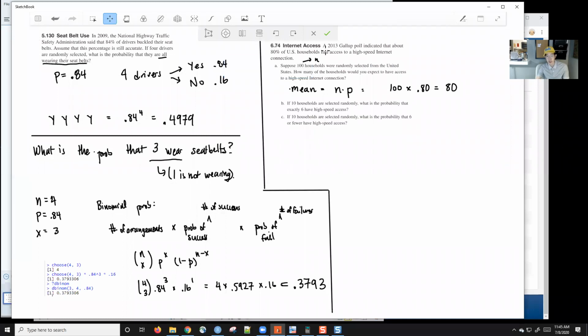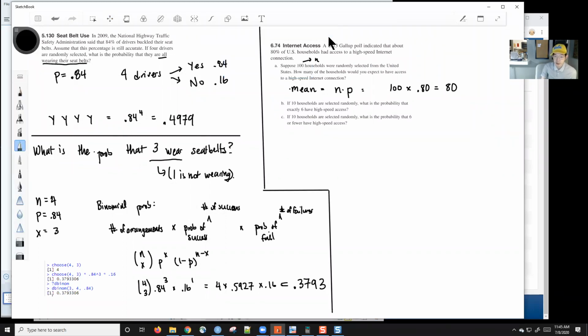Okay, so part B says if 10 households are selected randomly, what's the probability that exactly 6 have high-speed access? So for part B, we have n, p, and x. We have a total of 10 households for n. And then 6 is our x, and then 80% is our p, 0.8.